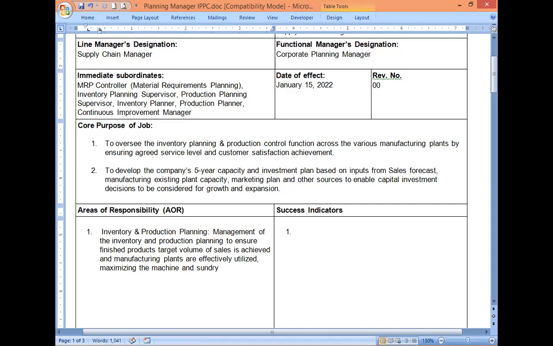There are so many equipment that you have to utilize to its potential, right? Its potential capacity. We'll just add A here. Not really good in typing.